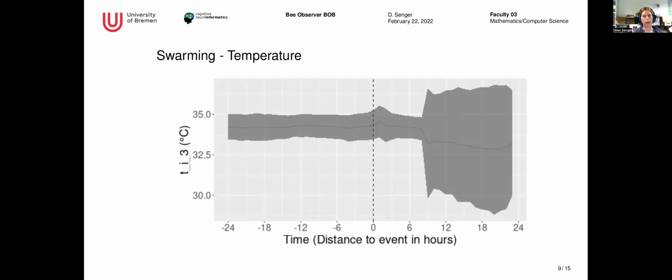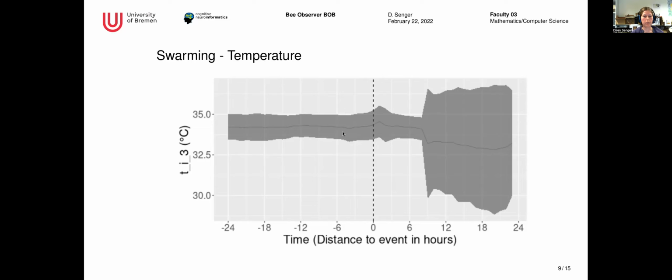During a swarming event, of course, the weight drops. And here you can see the temperature. It's the mean temperature for the swarming colonies, and you can see that it's actually increasing already a bit before the event and during the event. So that's one feature of swarming.